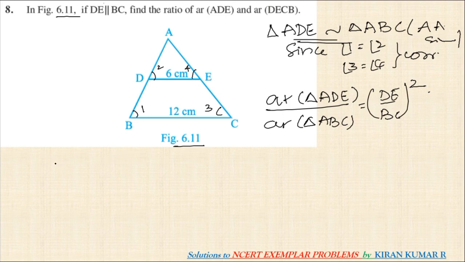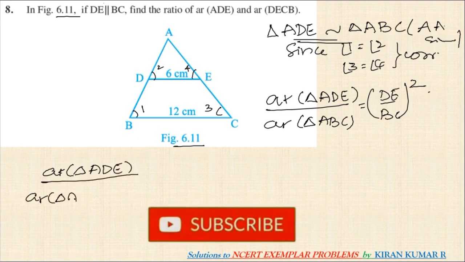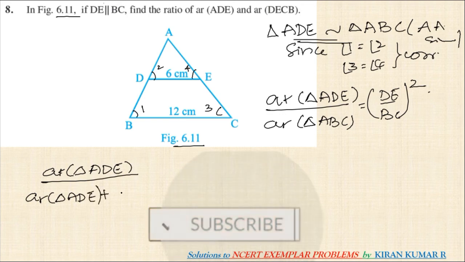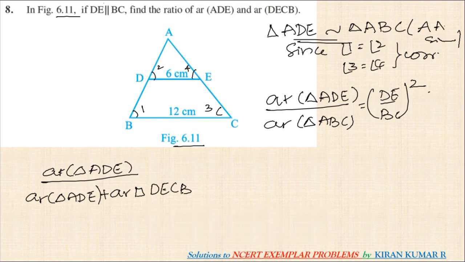What is the area of triangle ABC? The area of triangle ABC is nothing but the sum of the areas of these two parts. So instead of triangle ABC, I'll change this now into the area of triangle ADE plus the area of quadrilateral DECB.